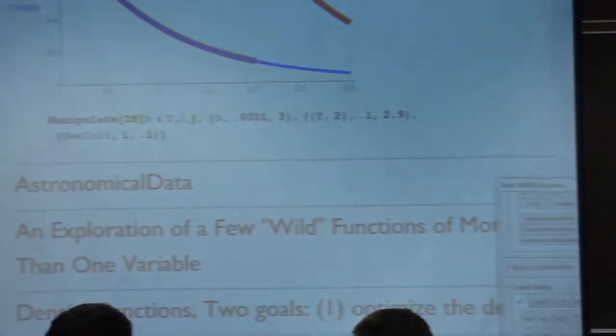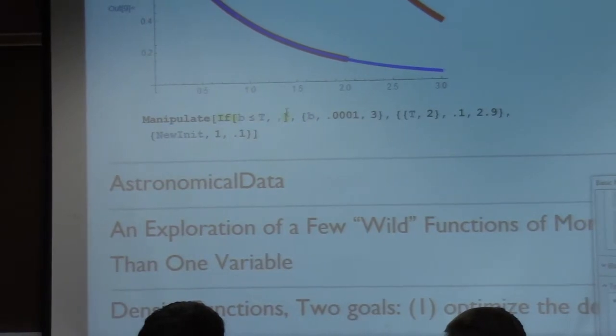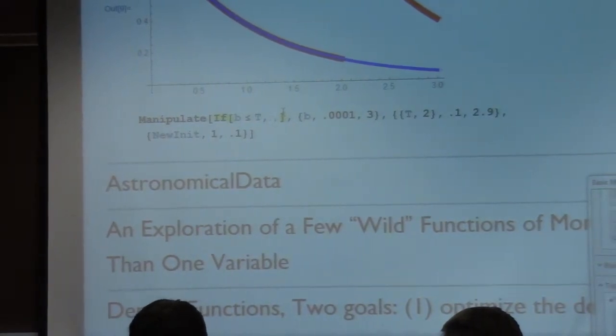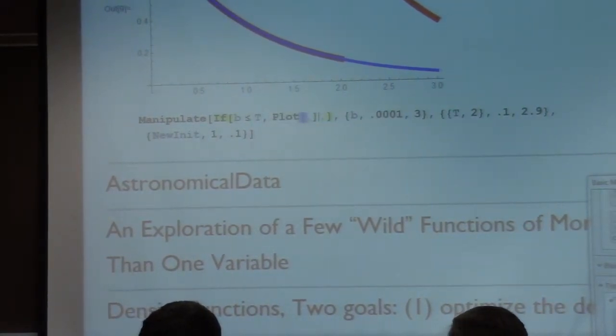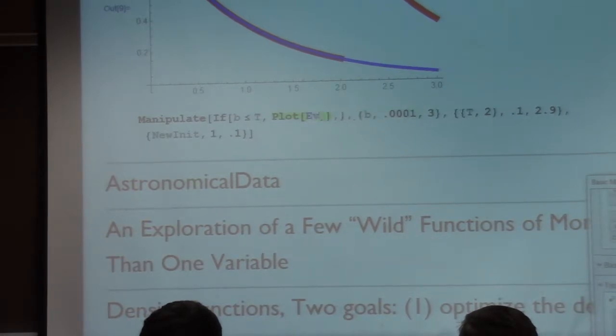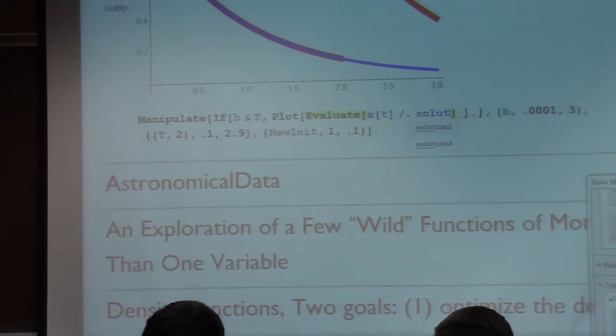So let's see if this works here. So again, if B is less than or equal to capital T, I'm going to make a plot of the solution up to time B that comes from solution 1, not solution 2. So I can use the evaluate x of t slash dot solution 1 based on the initial condition x of 0 equals 1.